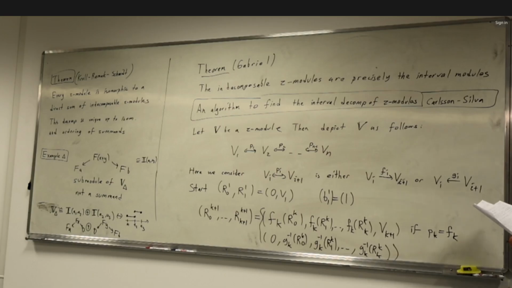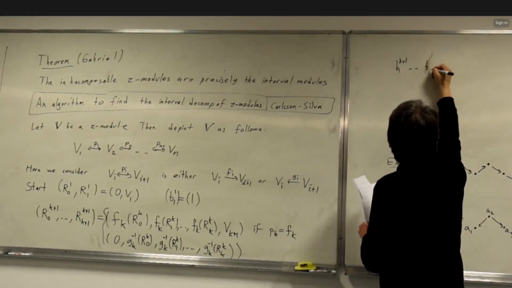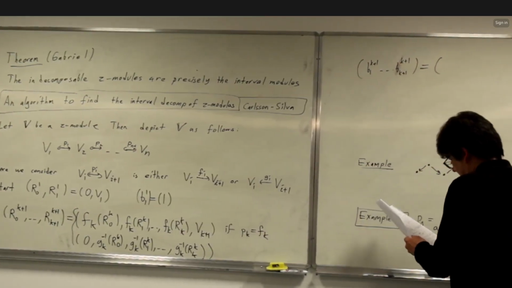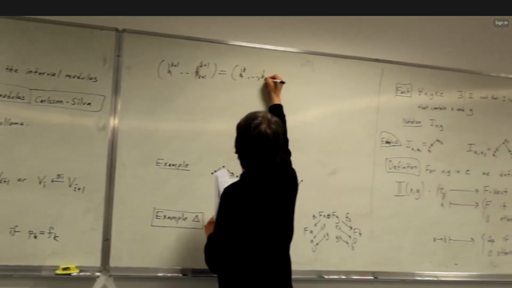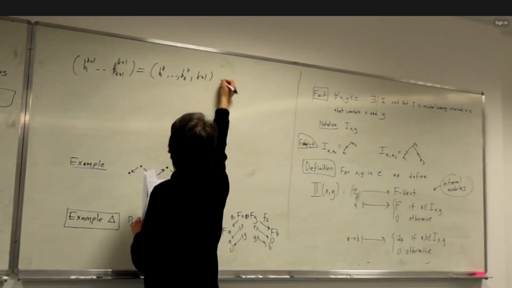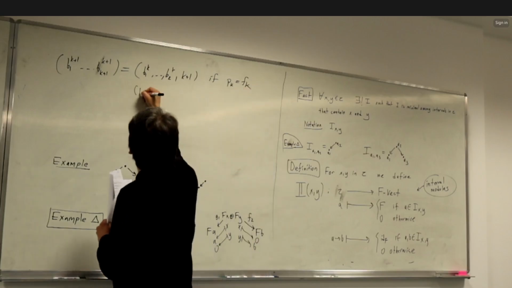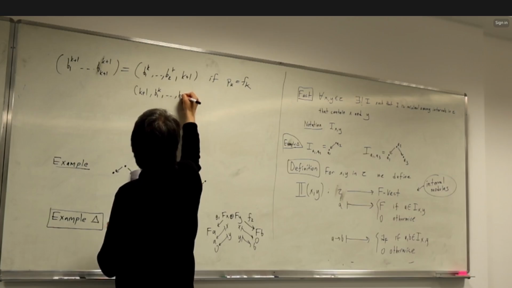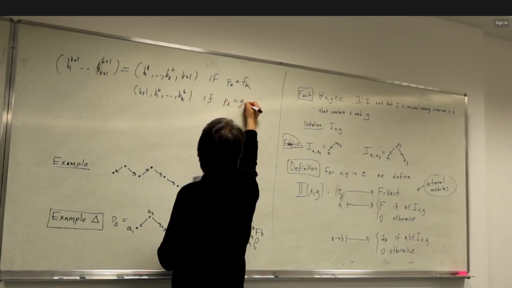Now you define B1 k plus 1 to B k plus 1 k plus 1 as B1k all the way up to Bkk k plus 1 if Pk is Fk, and you define it as k plus 1 k to bkk if bk is bk.